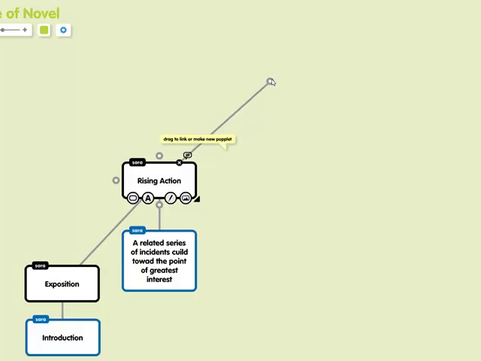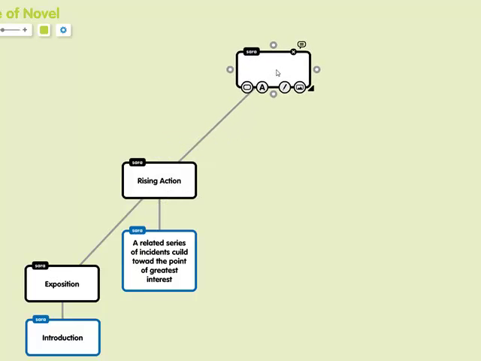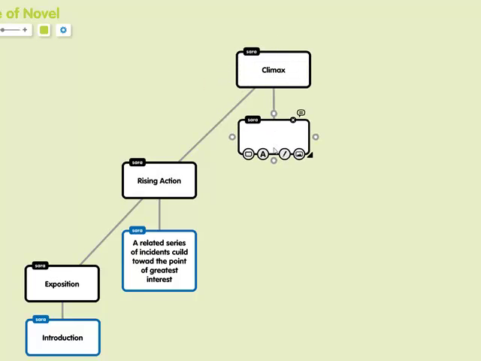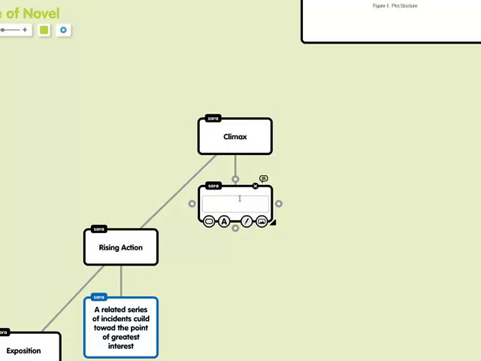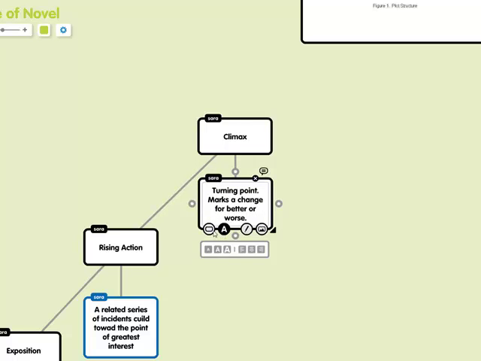So after the rising action, we continue to come up to the climax of our novel, and then put in my definition. And again, I want to change this to blue because it's my definition.